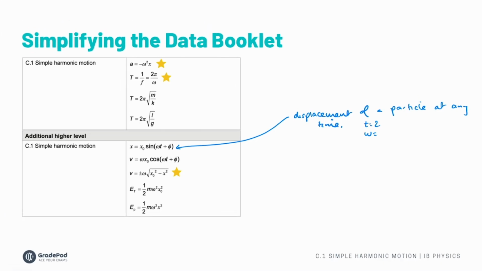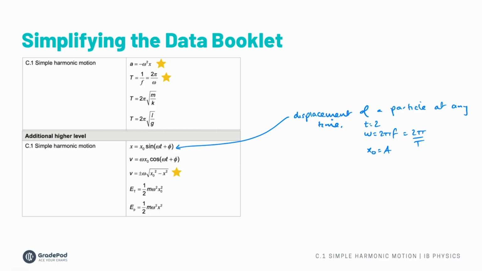You'd find out what omega is using 2 pi f or 2 pi over T. You'd work out the phase angle if there's a shift there, and x naught is your amplitude. So you'd plug in your amplitude, and then you'd work out what the displacement is of the particle at any given time. Let me tell you, that's very rarely used. You're very rarely asked to make this calculation here.